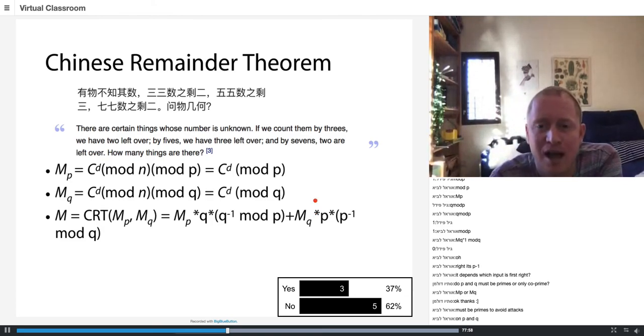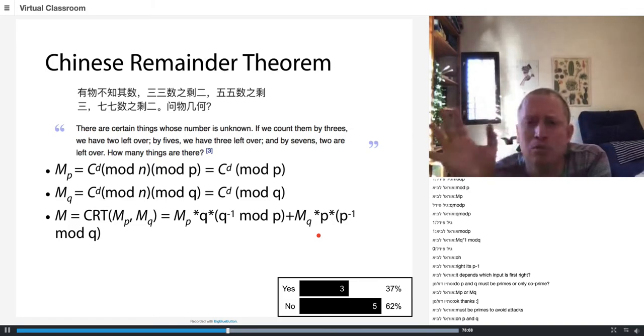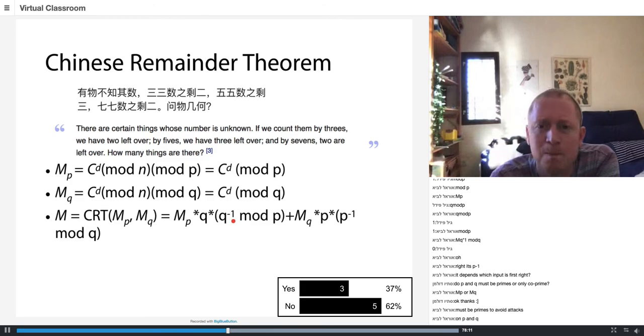So as soon as I do modulo p, this right part falls away, because it's multiplied by p here. P times x modulo p is always 0. Now the left part has m sub p times q times the inverse of q.